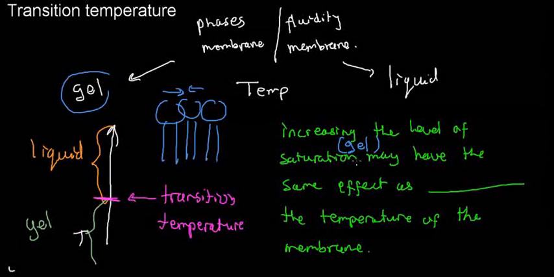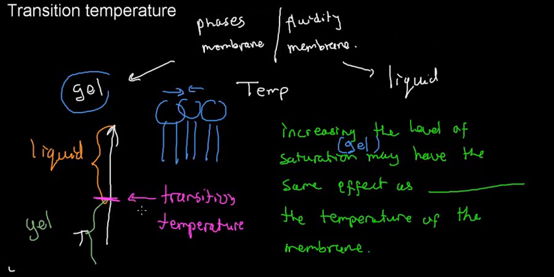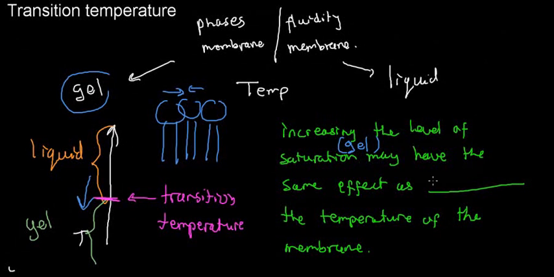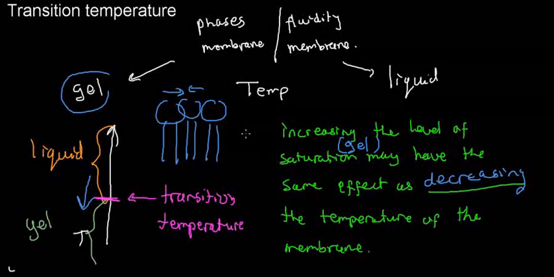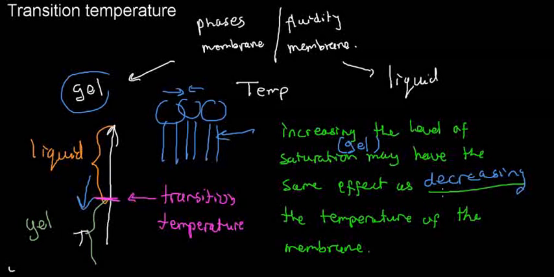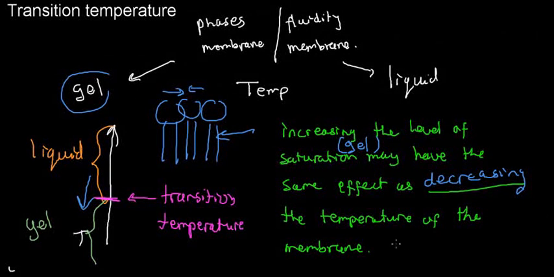Increasing the level of saturation may have the same effect as, in order to get the same effect, I need to decrease the temperature. Let's read this again. Increasing the level of saturation, causing more single bonds, may have the same effect as decreasing the temperature of the membrane.